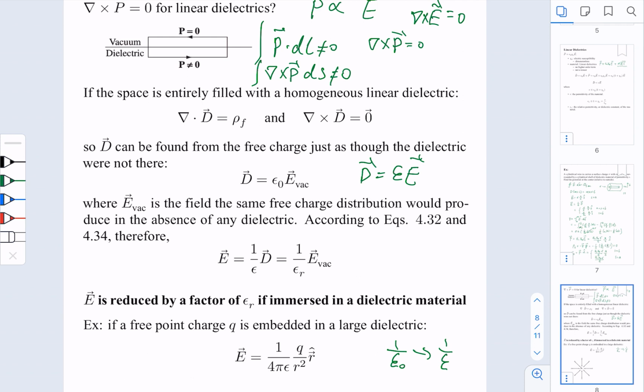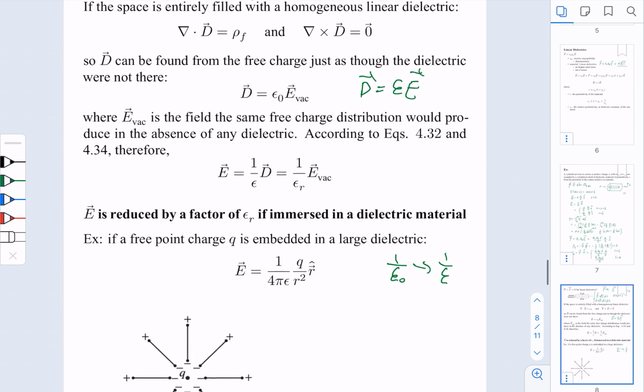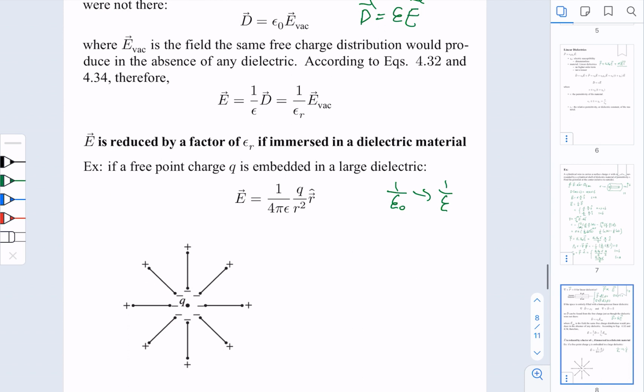So you can actually see that a point charge will have a reduced E field. The reason for this reduced E field is that if you put a point charge at the center inside a material, the material will be polarized by this point charge.